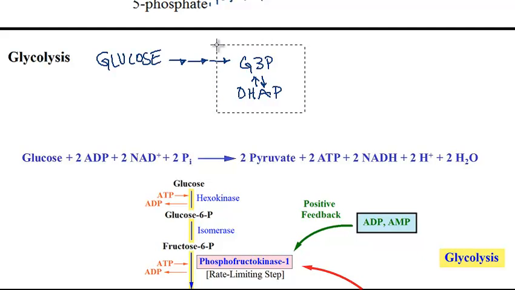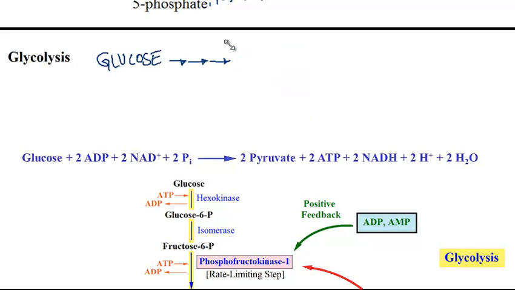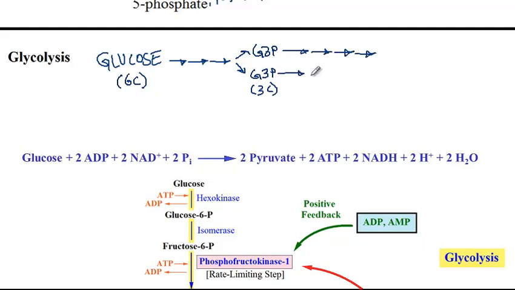And so here, let me erase that for you. So there we go. One glucose molecule that is made of 6 carbon is broken down into 2 molecules of glyceraldehyde 3-phosphate, each of which is a 3-carbon molecule. So 2 3 carbons will add up to 6 carbon here. And from here on, glyceraldehyde 3-phosphate will go through a series of reactions that will yield pyruvate.